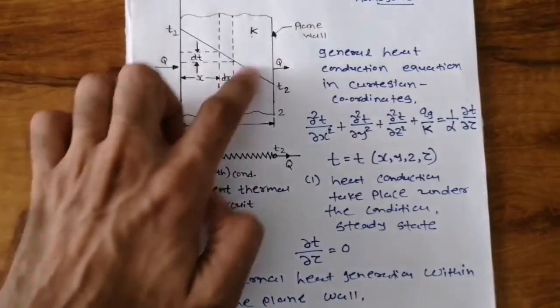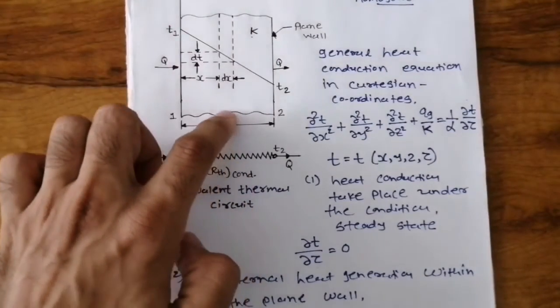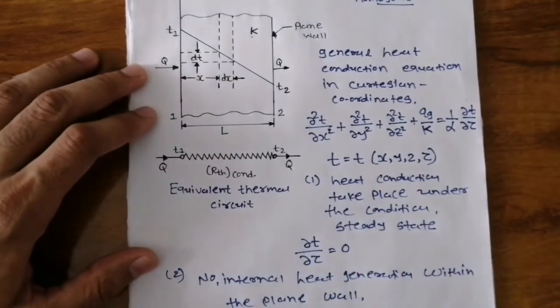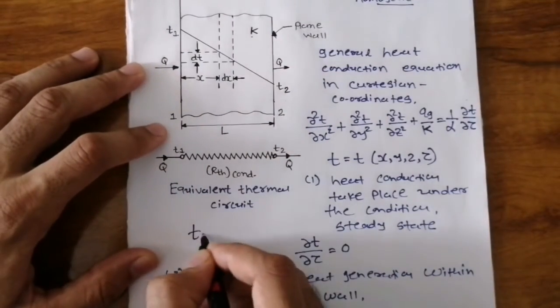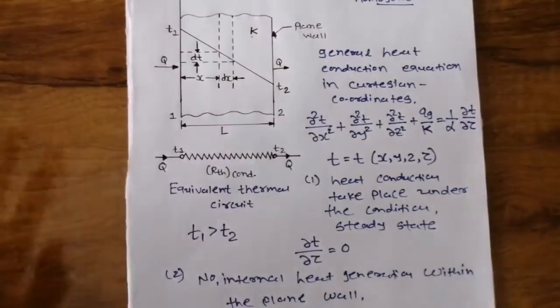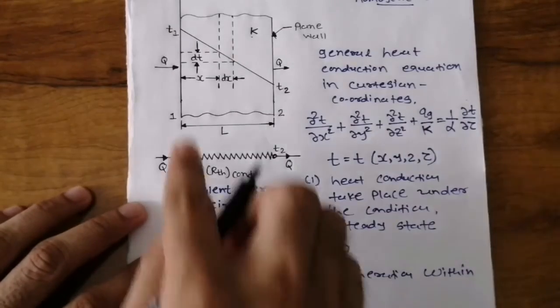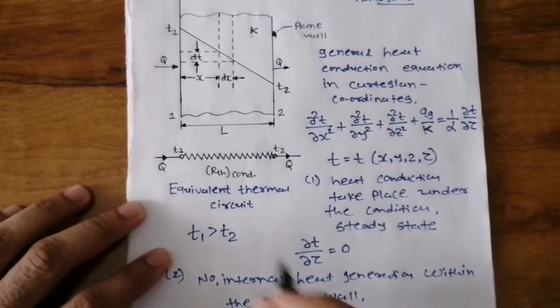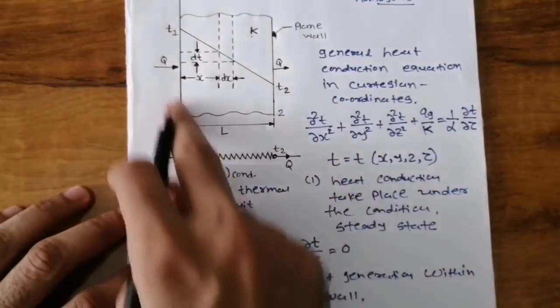Heat is directly transferred from T1 to T2. Why from T1 to T2? Because T1 is greater than T2, and heat always transfers from the higher side to the lower side. So there is no heat generation within the plane wall.